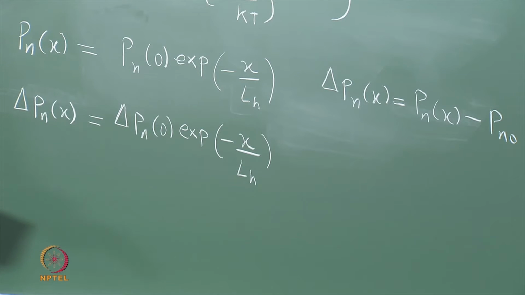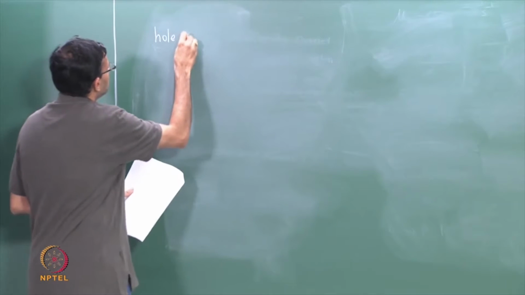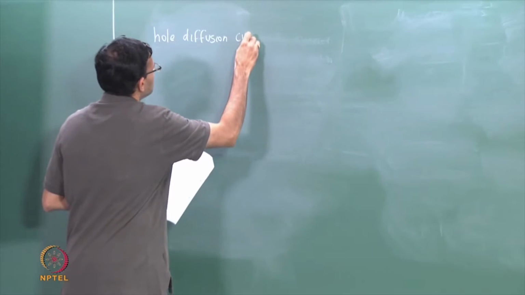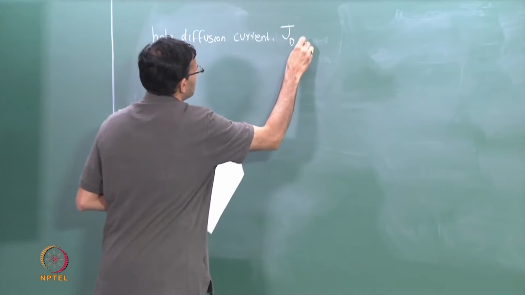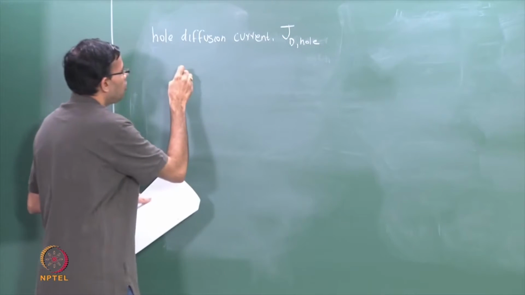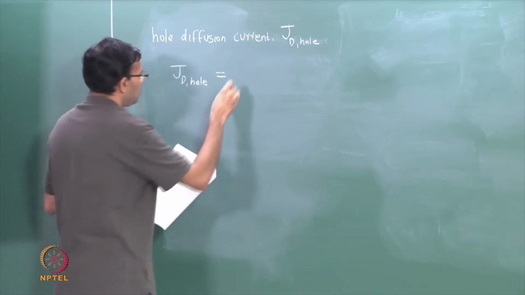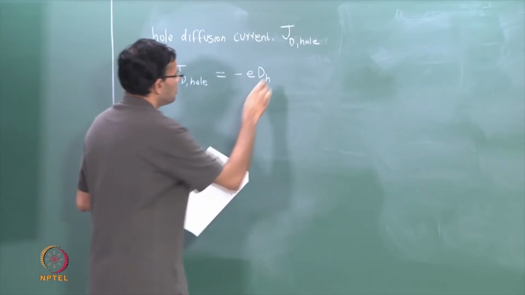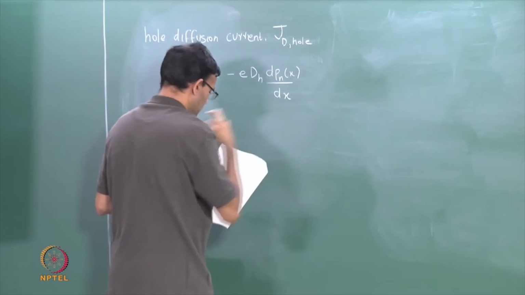We can convert this to a hole current. So, we can write a hole diffusion current, I am going to call it J, and the hole diffusion current is minus E, the diffusion coefficient of the holes, times dPn over dx.